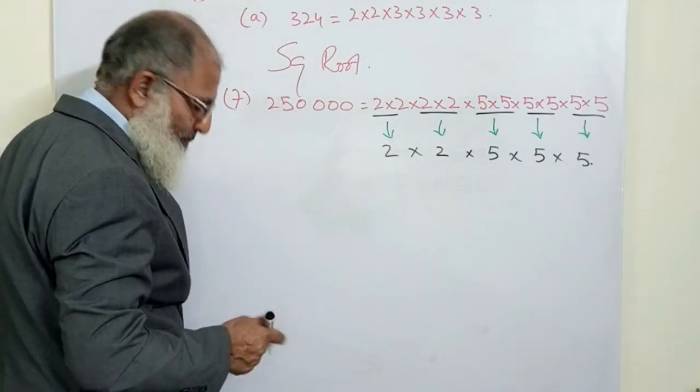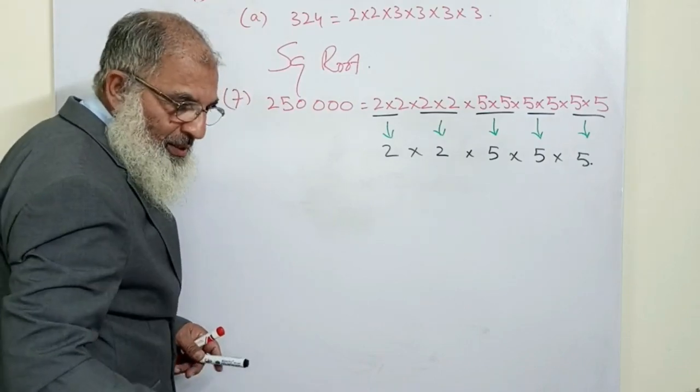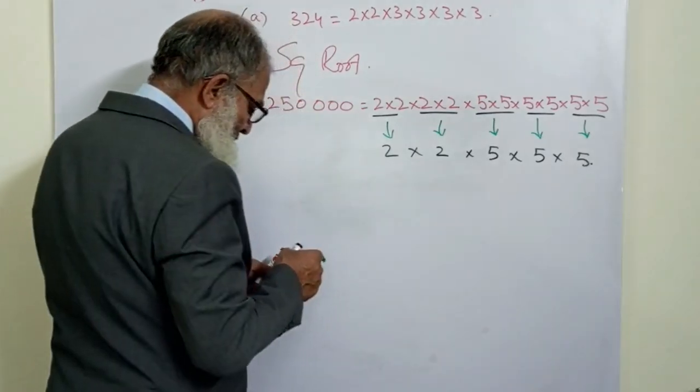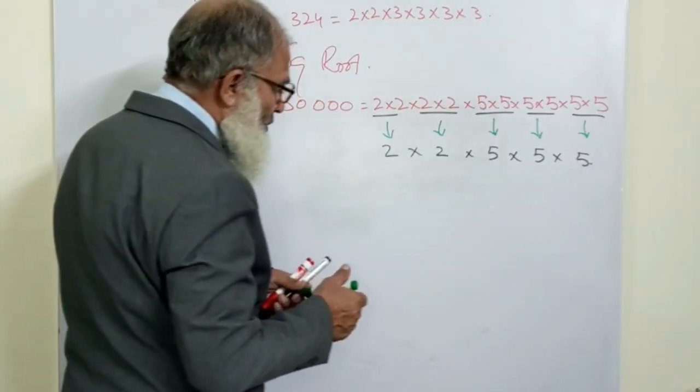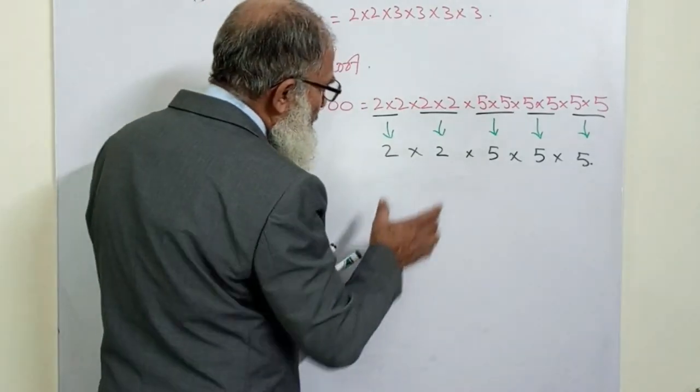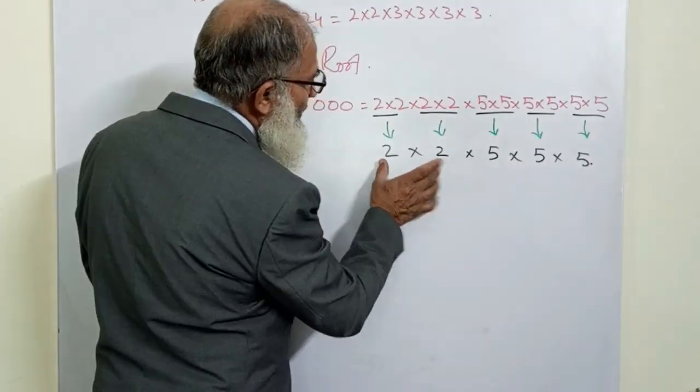So there is one more step I can do. I don't know whether your course coordinator allows you to do it. So you see, here the bases are the same.